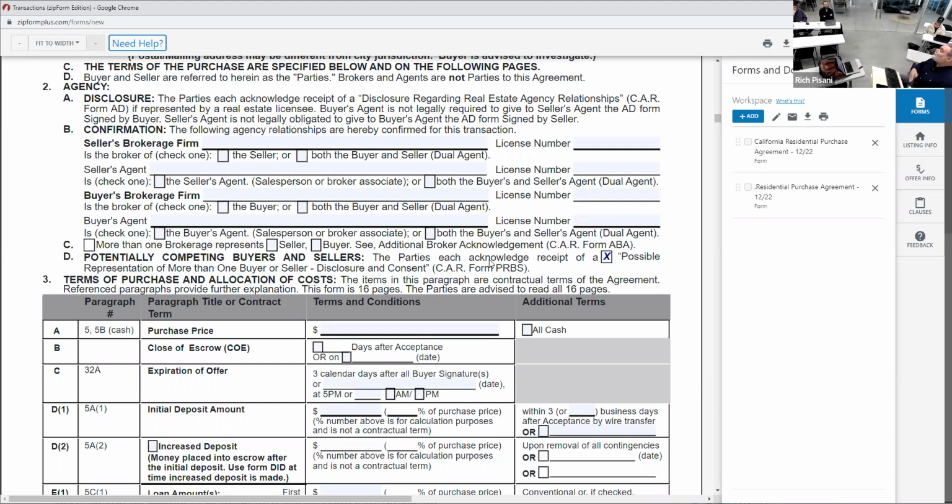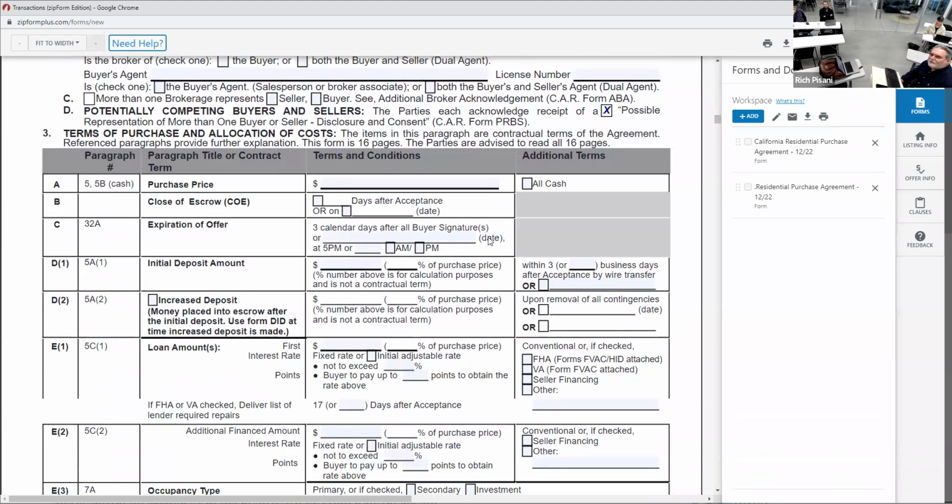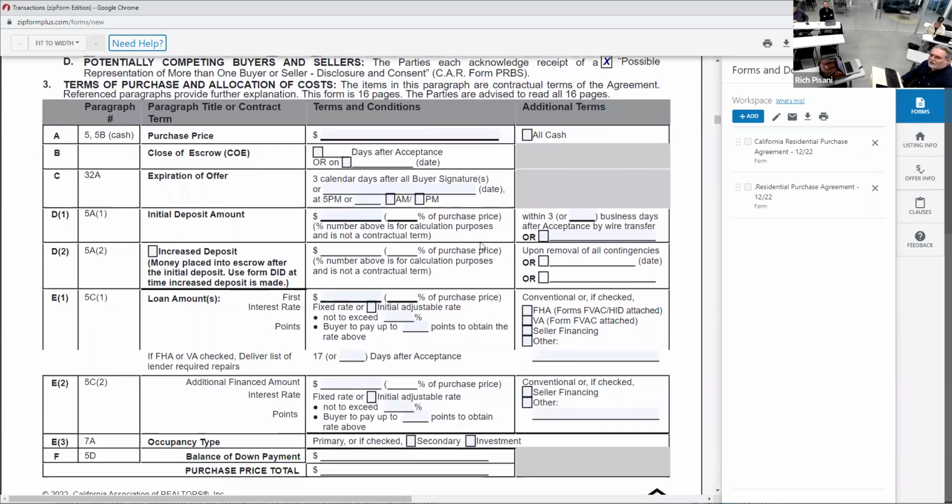So I may be representing somebody who is competing with you on this property. So that's basically all that form does. It's just disclosing to them that I may also be representing somebody competing with you. You're not my only client. So that's that.